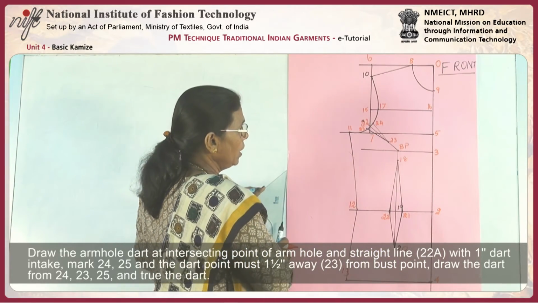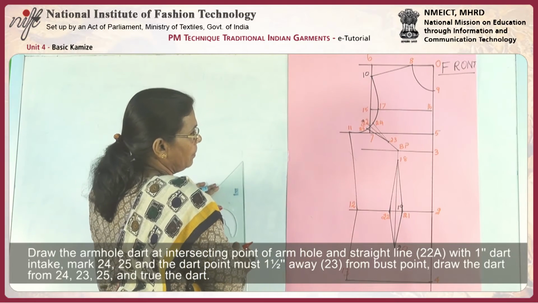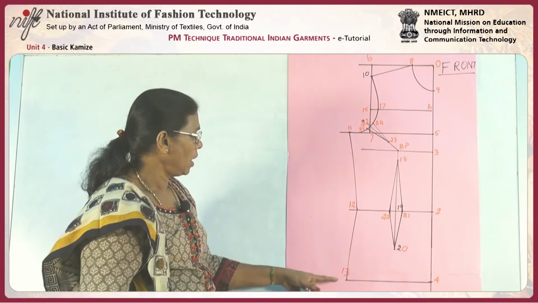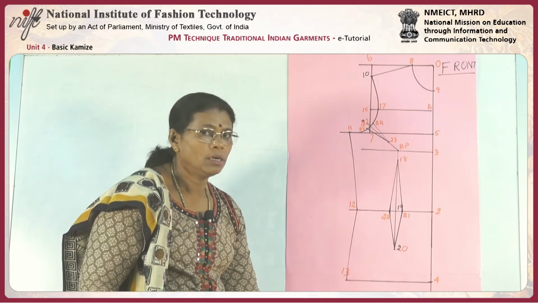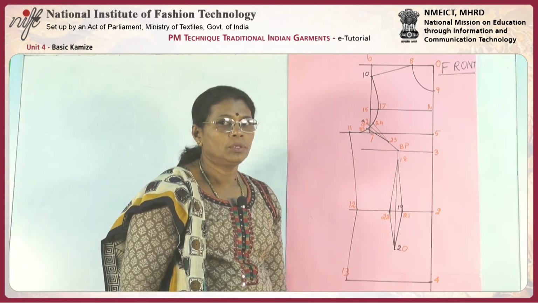This armhole dart has to be trued and the armhole curve drawn again. Now join and extend the side seam from the hip line to the bottom line.